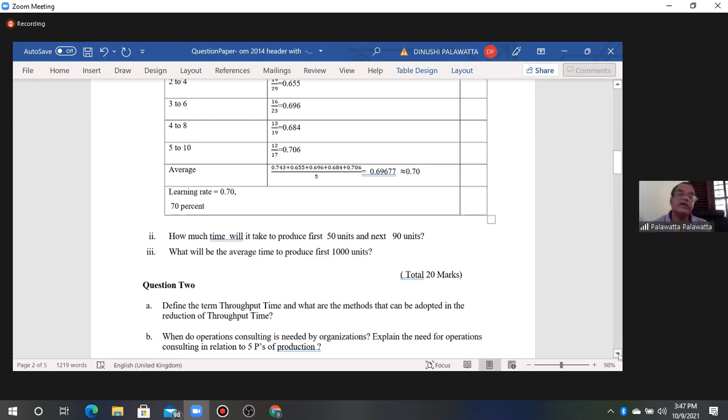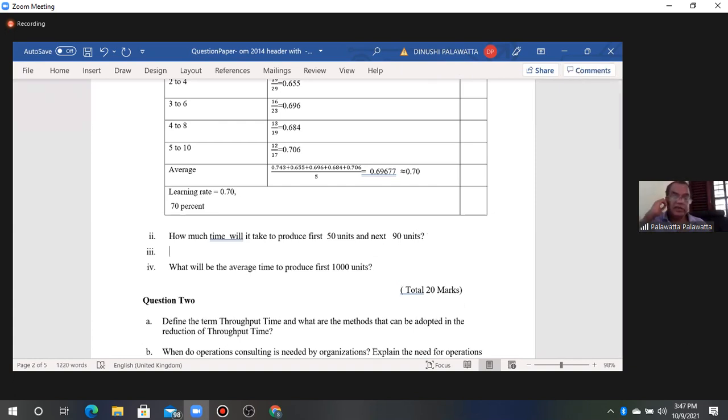And then, next question is how much time will it take to produce the first 50 units and next 90 units. So then I'm going to use the table.